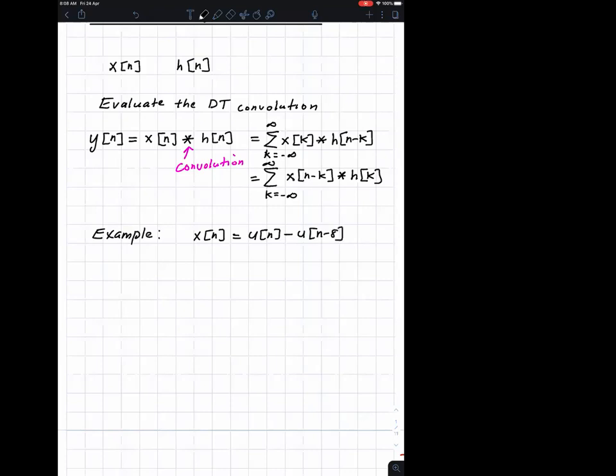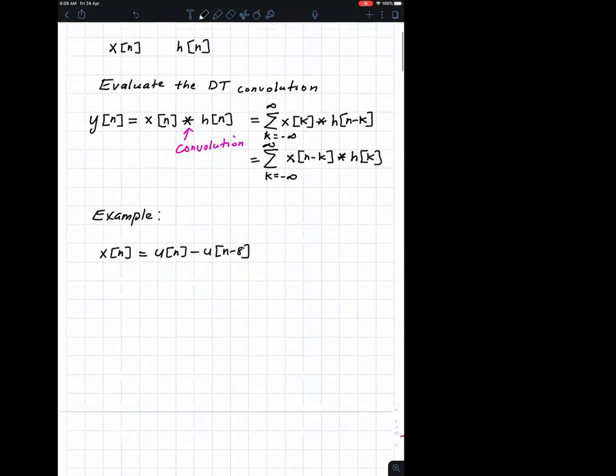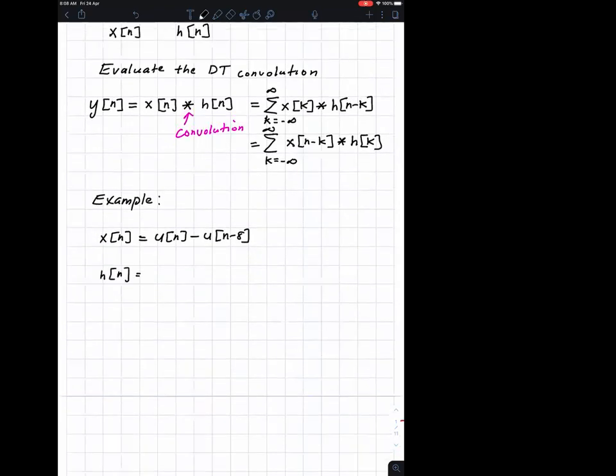And there's another signal, h[n], which is 1/4 to the power n, multiplied by u[n] minus u[n minus 5]. So we have two signals here.